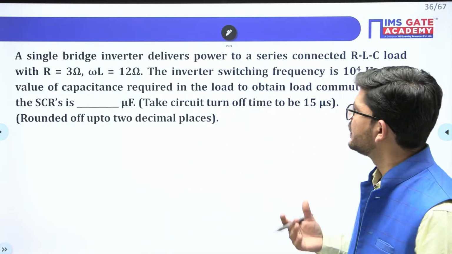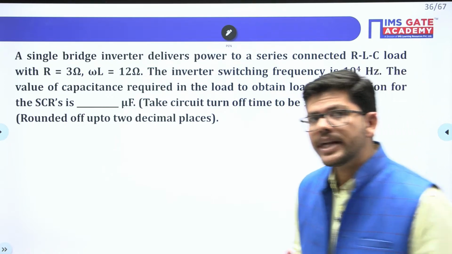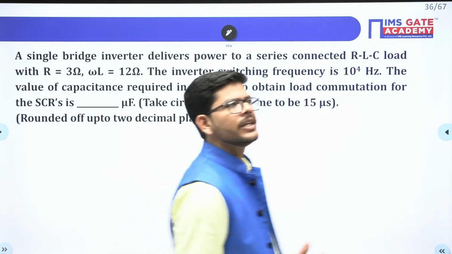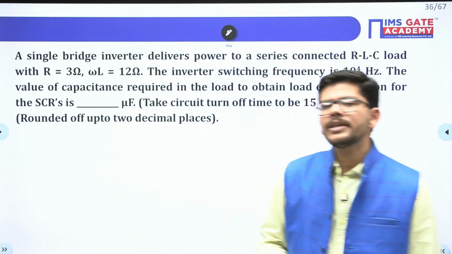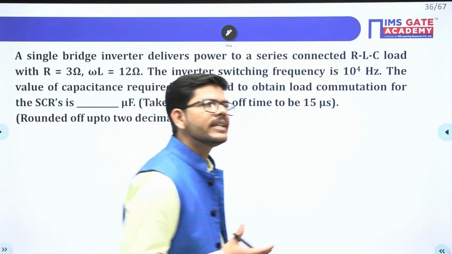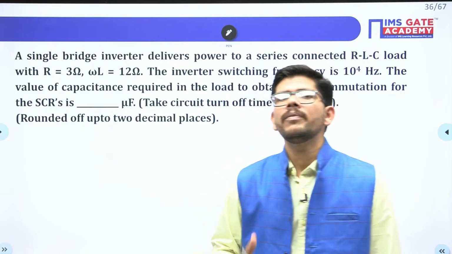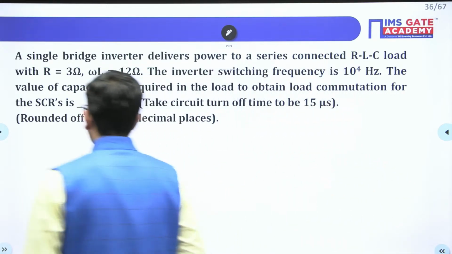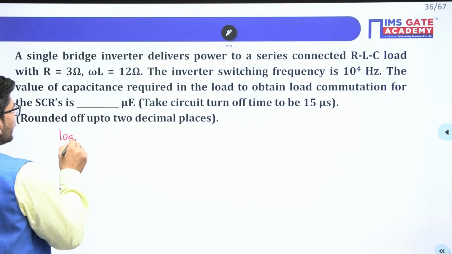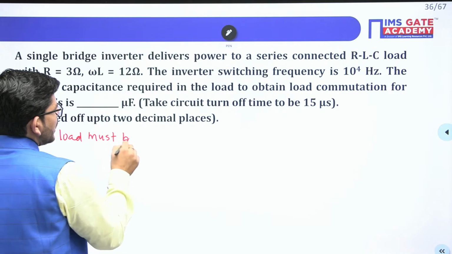In this particular problem, if you want to have load commutation, your RLC load must be under damped. That is, the value of capacitance must be greater than the value of inductance. So for load commutation to be possible, the load must be under damped.